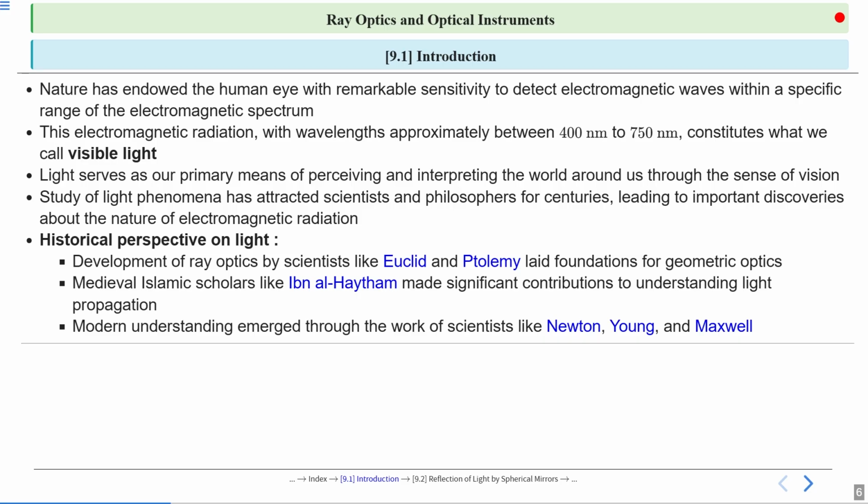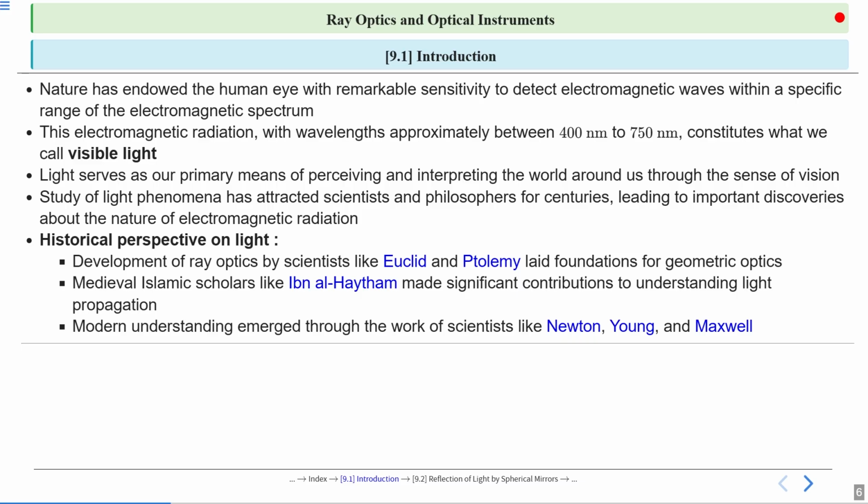How does any electromagnetic wave travel in vacuum as well as in a medium? Studies about these questions were made. Modern understanding emerged through the work of scientists. After ray optics, we are going to discuss wave optics. Light exhibits both particle nature and wave nature.